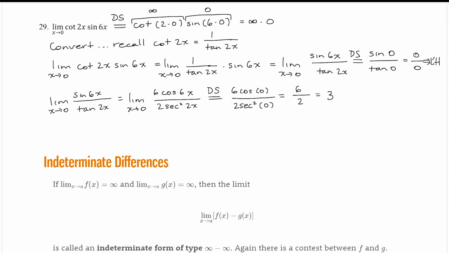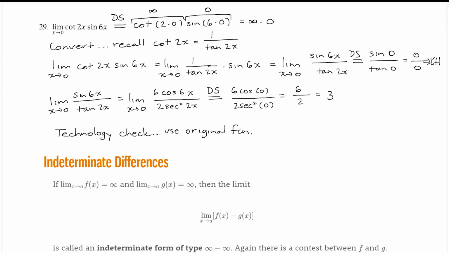And again, I would encourage you to do a technology check on this. I don't have a ton of space to write on, so I won't. But if you're doing the technology check, use the original limit, just to make sure you didn't make mistakes in your conversions.